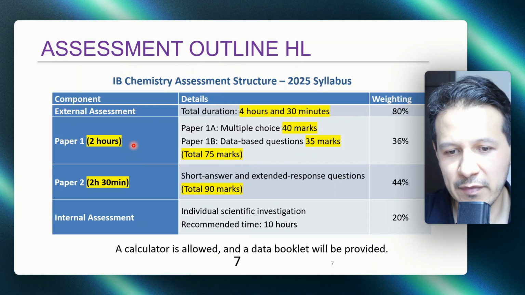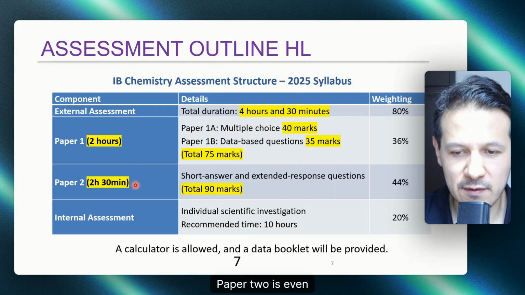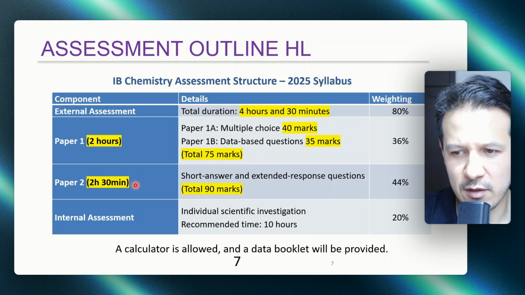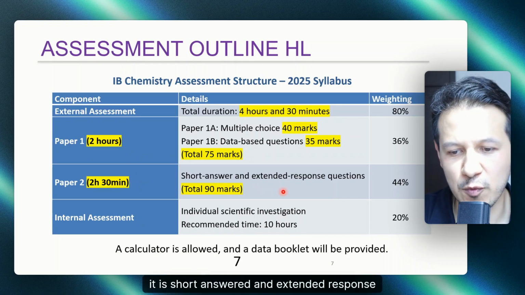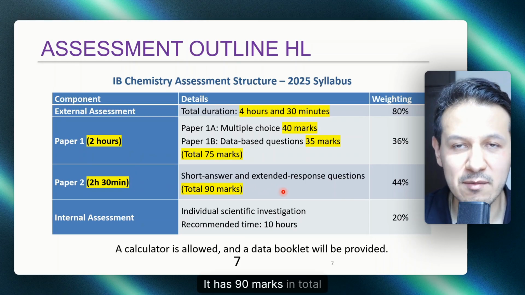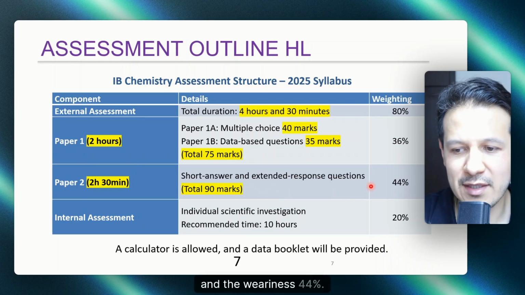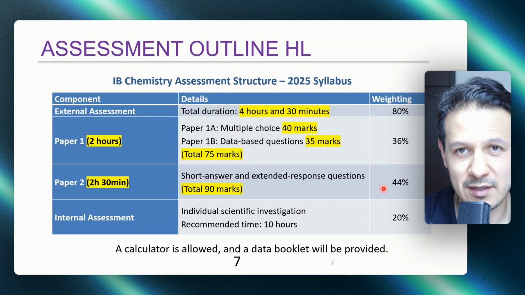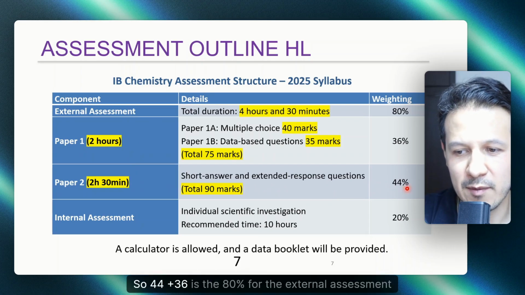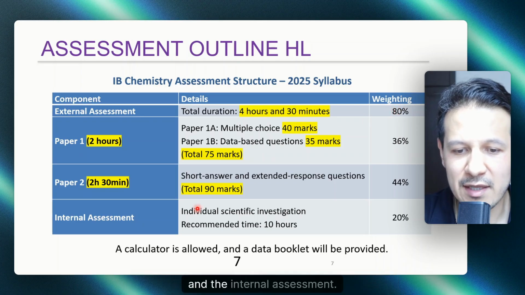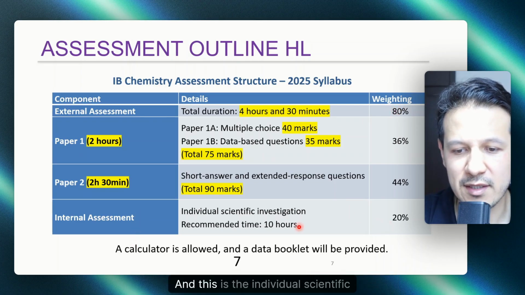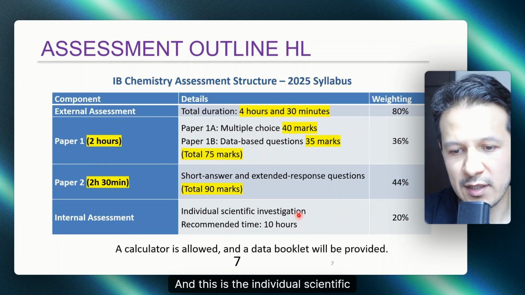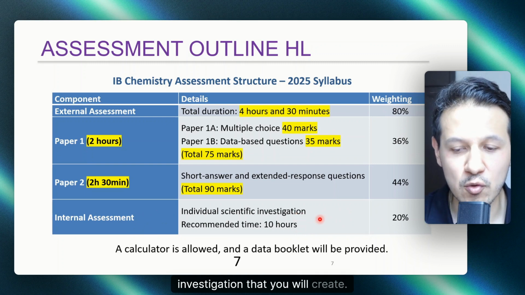Paper 2 is even more challenging because it is short answer and extended response questions. It has 90 marks in total, and the weighting is 44%. So 44 plus 36 is the 80% for the external assessment, and the internal assessment, the same as the SL, would be 20%, and this is the individual scientific investigation that you will create.